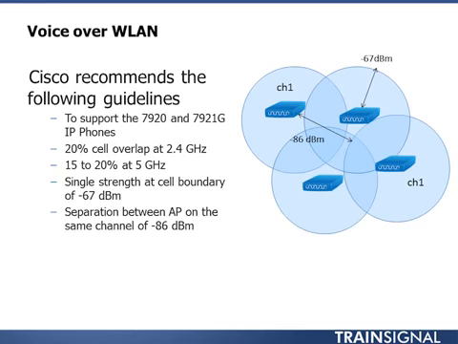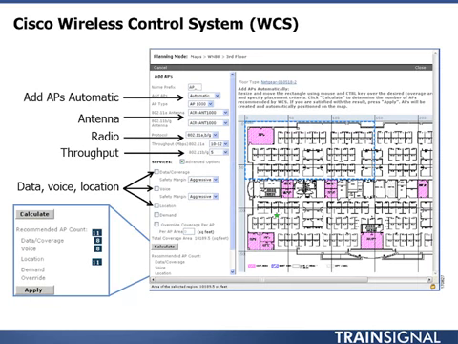Now, earlier in this lesson, we talked about using the wireless control system to do planning of my Wi-Fi network. And one of the things that you might want to do when you're doing this planning is, under services, select data and see how many access points you get, and then select voice and see how many access points it suggests.